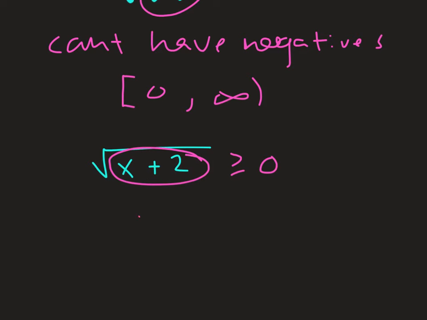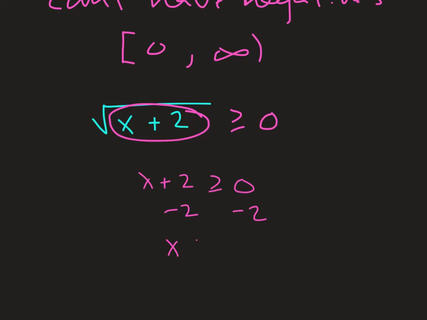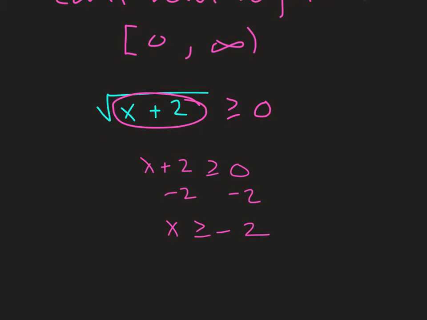Just under the square root, so it's only x plus 2 is greater than or equal to 0. Subtract 2. So we have x is greater than or equal to negative 2. So x can be any number from negative 2 to infinity. It can be any number bigger than negative 2. So in interval notation, we would write it from negative 2 to infinity.